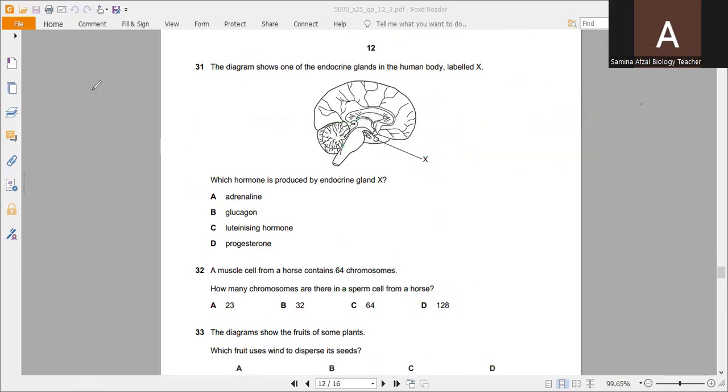The diagram shows one of the endocrine glands in the human body, labeled X. Which hormone is produced by the endocrine gland at X? Gland X is in the brain; this is the pituitary gland.